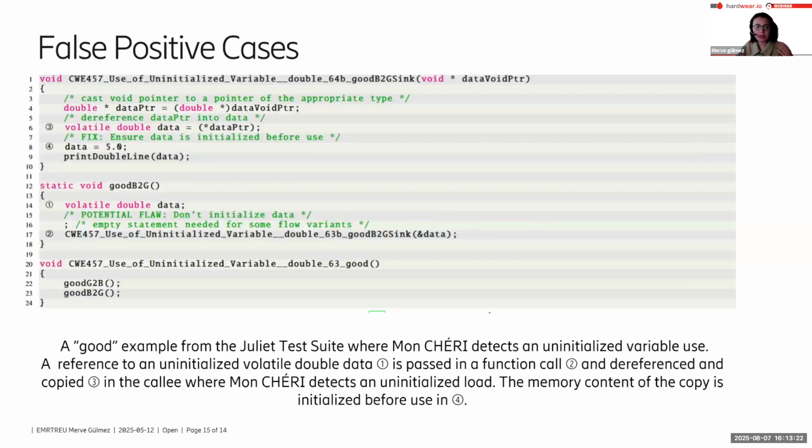Let me step back and explain why MonCheri introduced false positive cases. This is one example from the Juliet test suite. I have a good example here. Good means that there is no uninitialized memory access, but MonCheri is able to detect one. I am sending some data to another function, and that function is copying the pointer to another one, and after that it is loading into another variable. As you see, it is a bit artificial example.